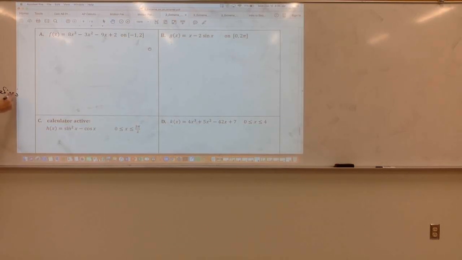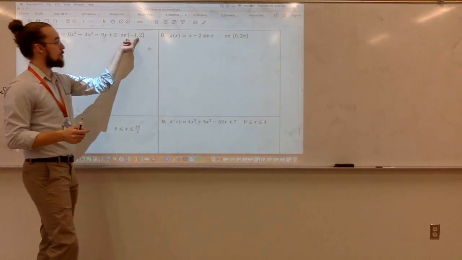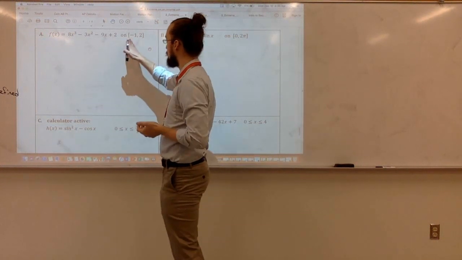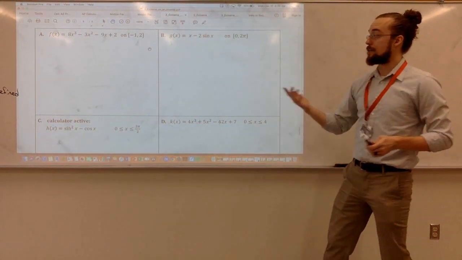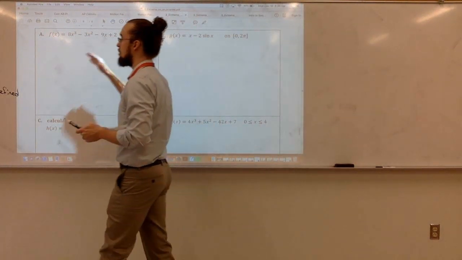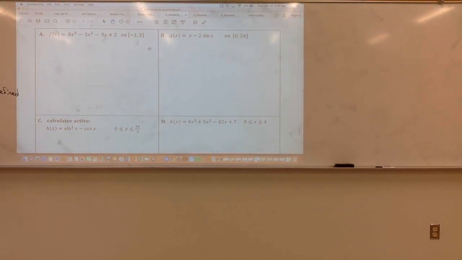So, in order to find absolute mins and maxes, I need to test all of these points. I need to test the endpoints of an interval. On each of these problems, we are given an interval. In this first example, our interval was -1 to 2. Those are both x values I would need to test. I need to find where the derivative equals 0.